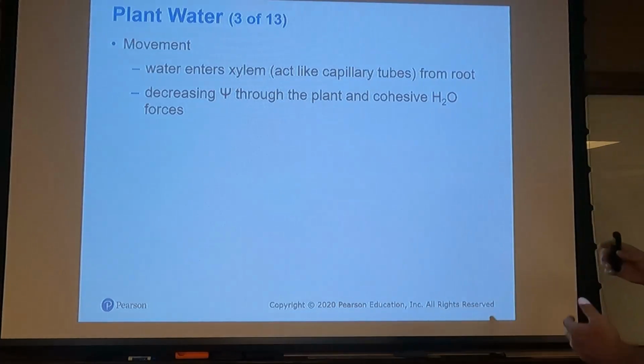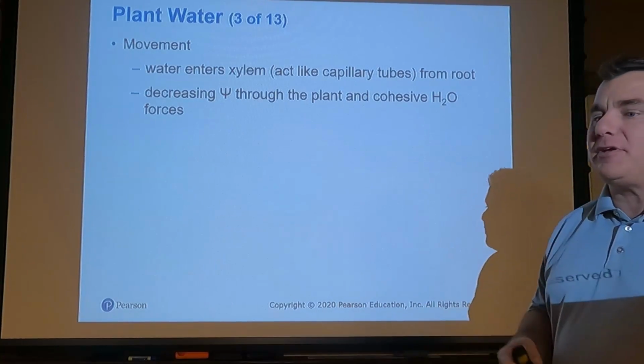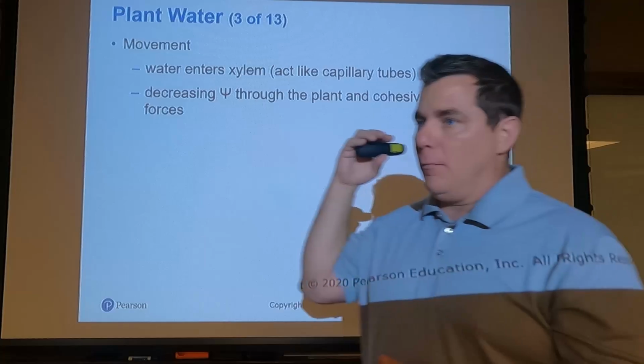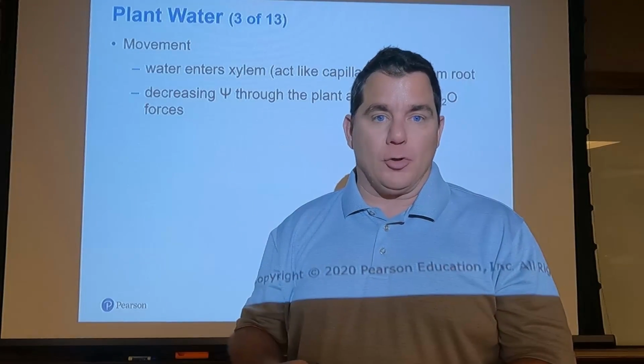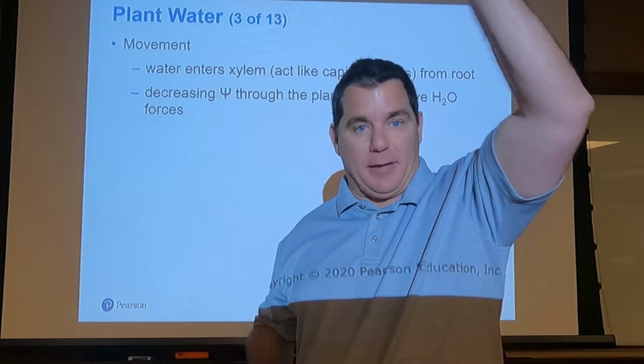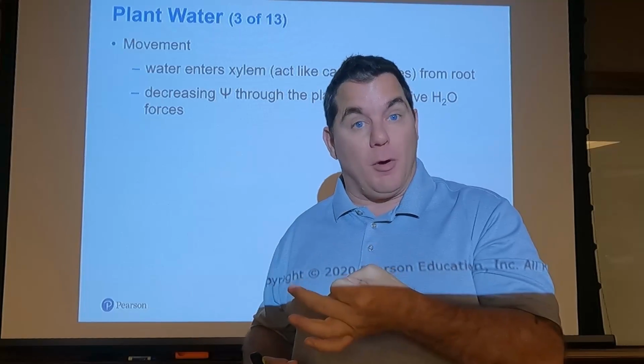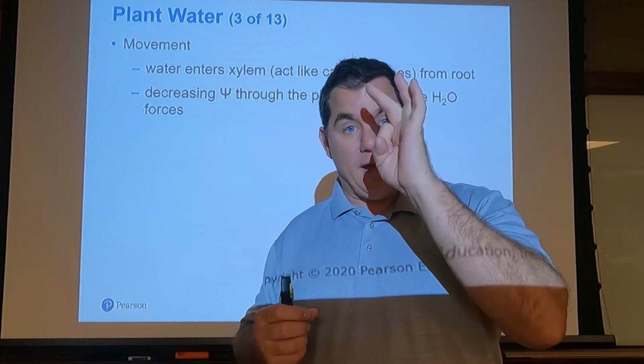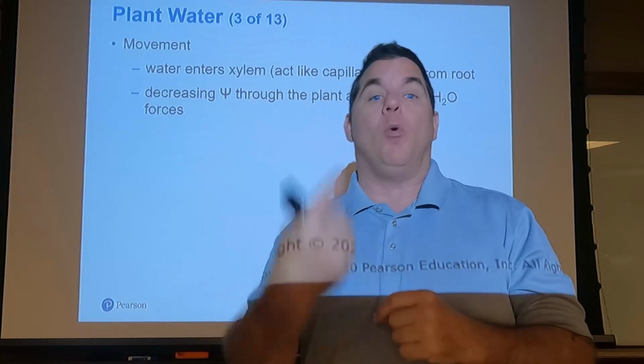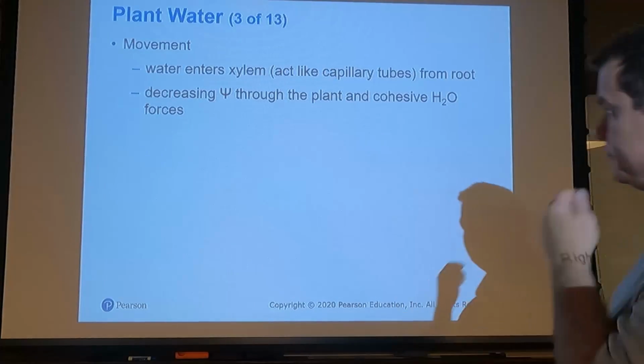So not only do we have the matrix potential, or the water potential being greater outside the plant that is forcing that water, but we'll also have the smallness of the xylem, the diameter of that xylem being very small, so that water moves up very quickly.